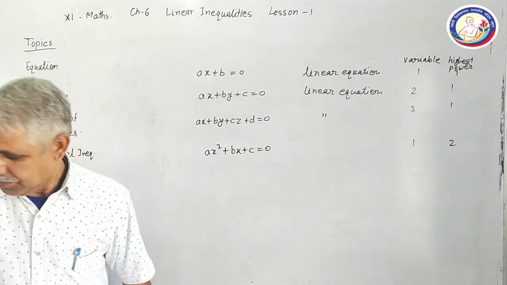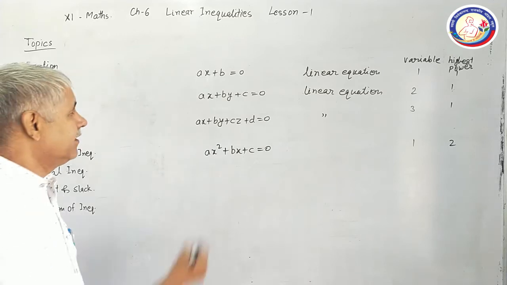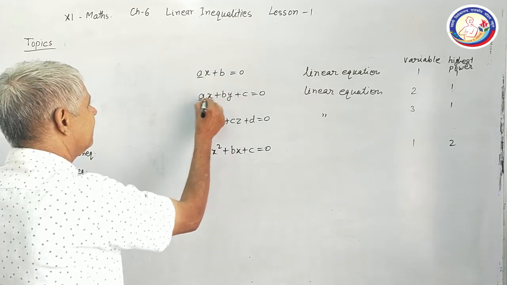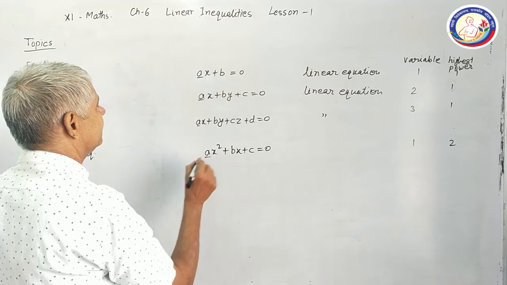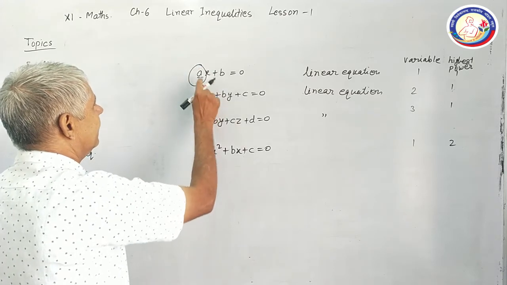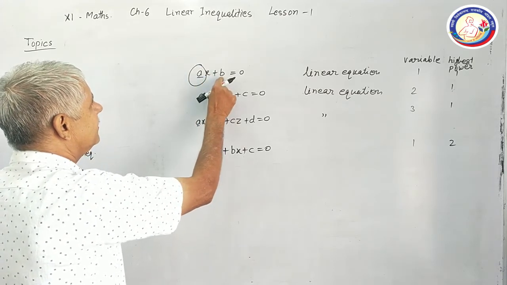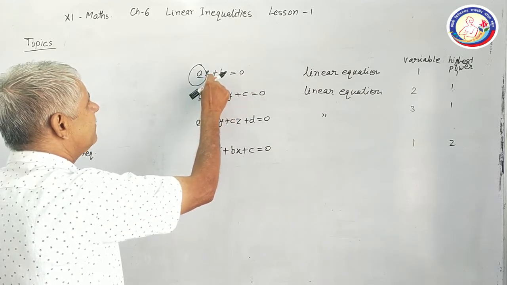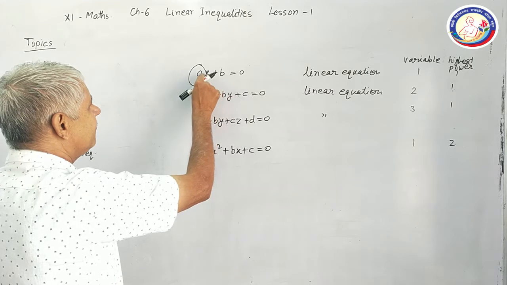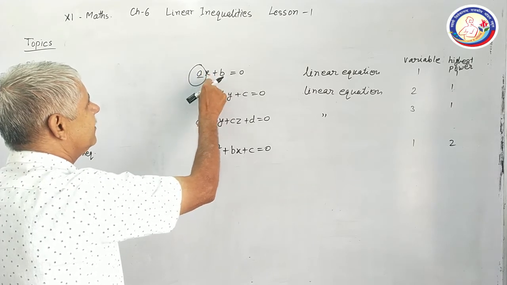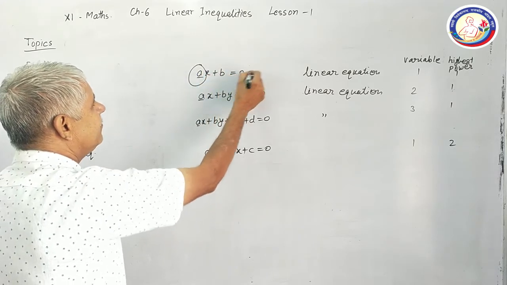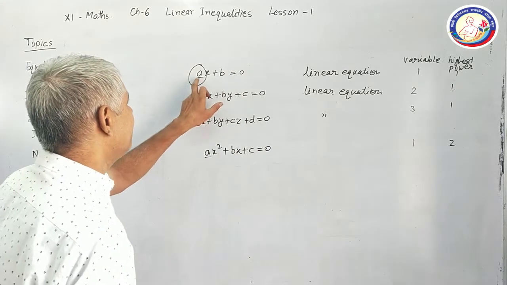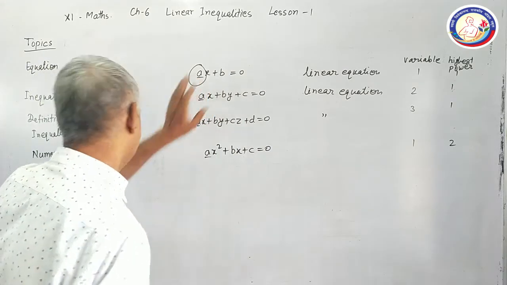Now we must remember that a must not be equal to 0 for this specially. If a is 0, then it is b equal to 0. Here the constant of variable is 0, then this turns into b equal to 0. So we must remember that a is not 0 here.